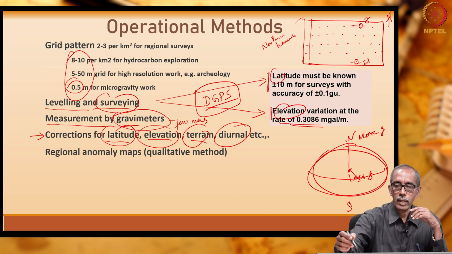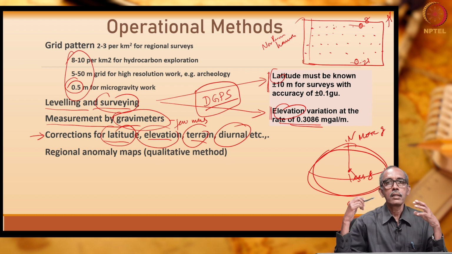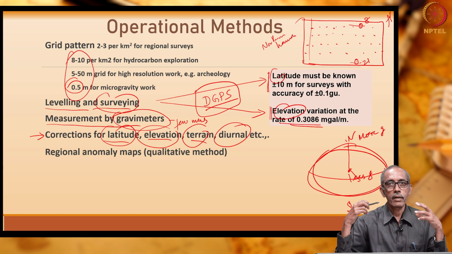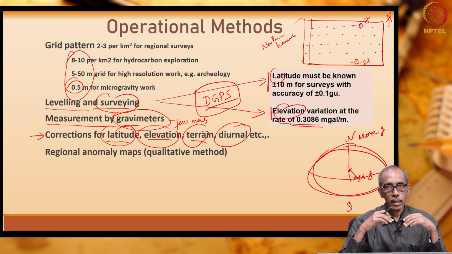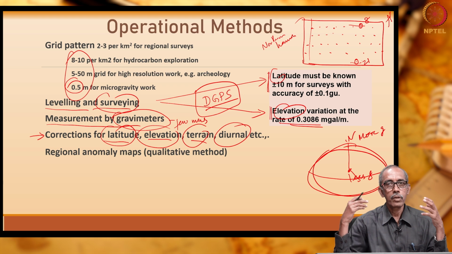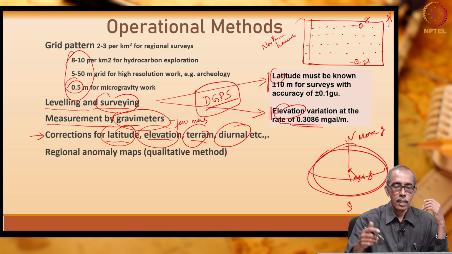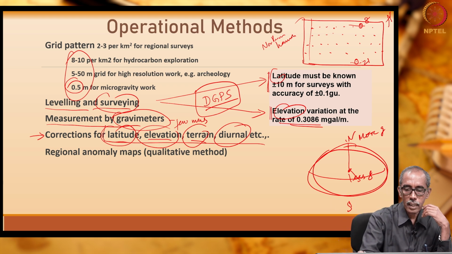We have made measurements, and all these measurements are showing different values of g. The reasons for different values of g are large scale variation, that is, the earth is not a sphere, latitude, time, and diurnal variation. That is why we apply all these corrections.